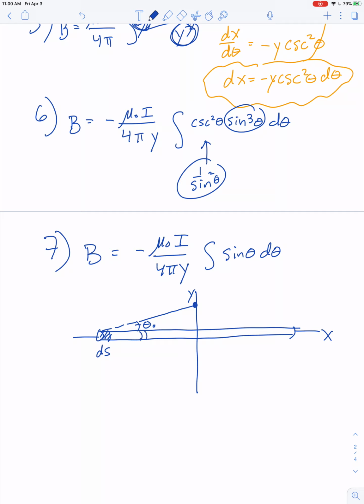Then we have to account for this ds and this ds. When we get to this ds, the angle would be 90 degrees. Then the angle starts to get smaller and smaller again until we get to the final one here. If the y-axis is at the center of the wire, then this positive theta naught is the same magnitude as this negative theta naught. So we're integrating from negative theta naught to positive theta naught.